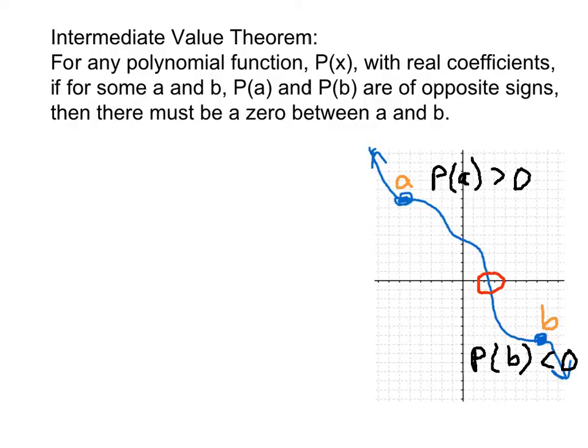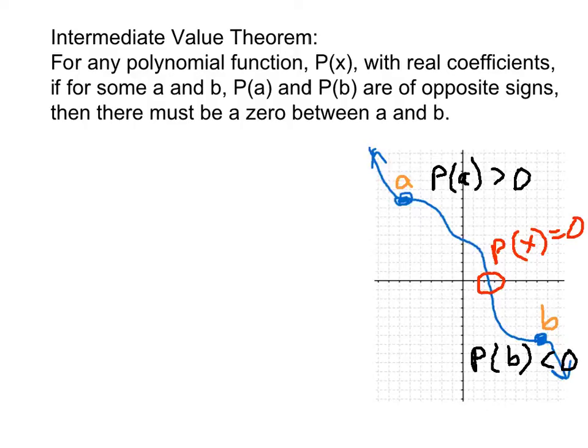Since when we plug in A, we got a positive value, above the x-axis, and when we plug in B, we get a negative value below the x-axis, then somewhere between A and B we have to cross the x-axis. In other words, somewhere between A and B, our function p of x has to equal 0.